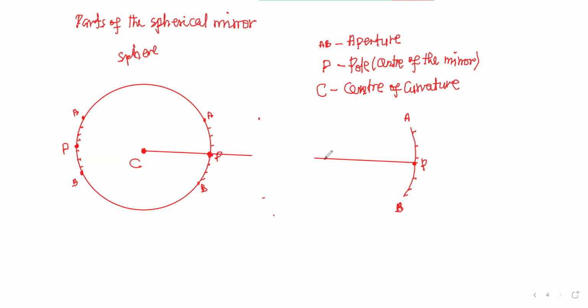The line can actually be extended, it can continue. So the line through C through P is what we call the principal axis, or the chief axis.